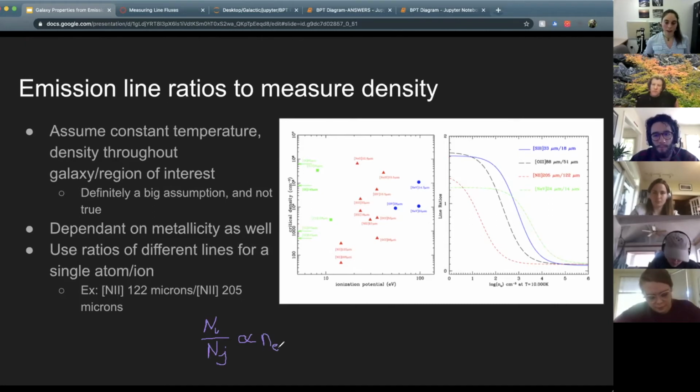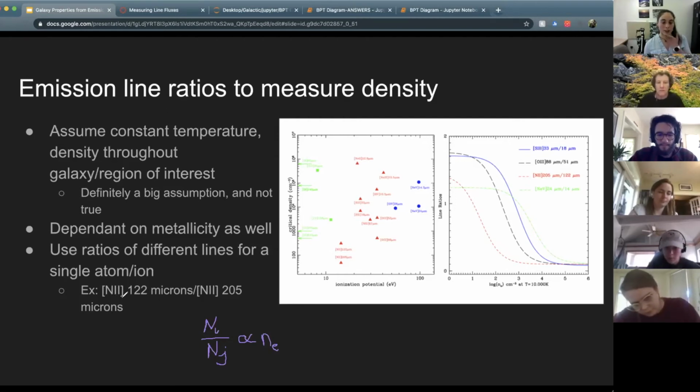So we want to look at the same species, the same ion, because then we know that we don't have to deal with differences in composition in a galaxy. So there's going to be the same amount of N2, the same amount of singly ionized nitrogen. That ratio will only depend on the density.